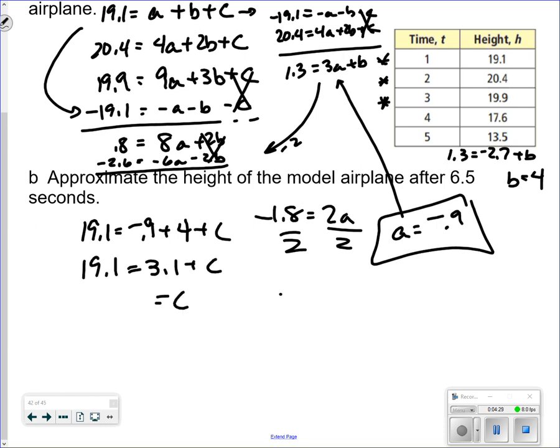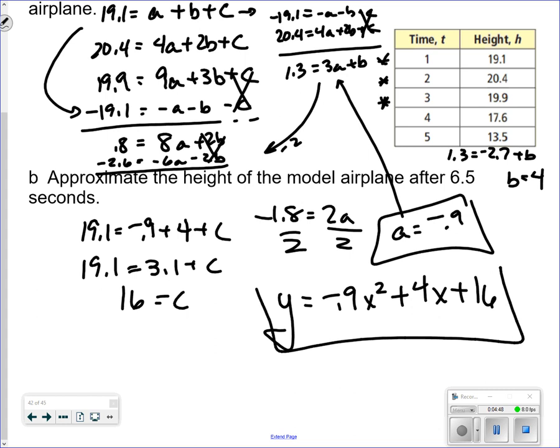I subtract 3.1 and I get 16. So my model using 3 equations is negative 0.9x squared plus 4x plus 16.